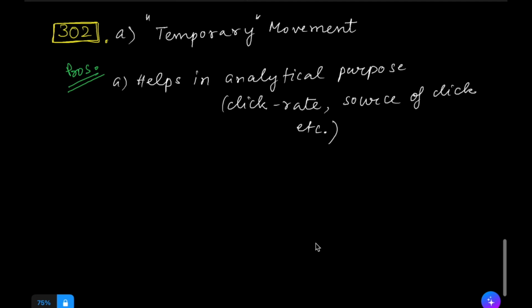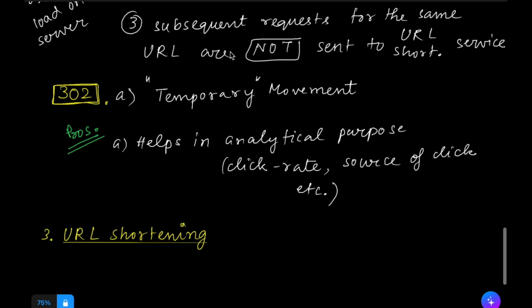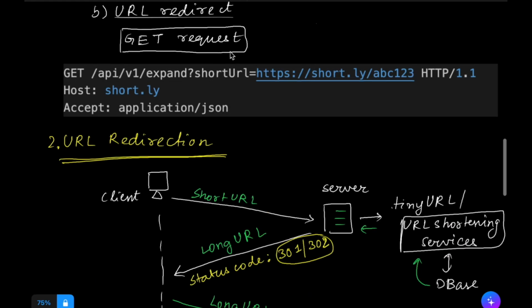Now let's look into URL shortening, which was our third component. If you have noticed how these URLs are shortened, if you focus on this part, this is basically a hash value.